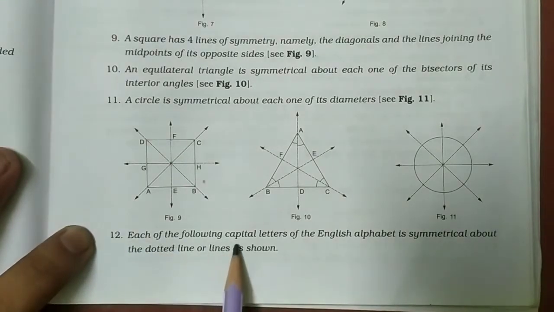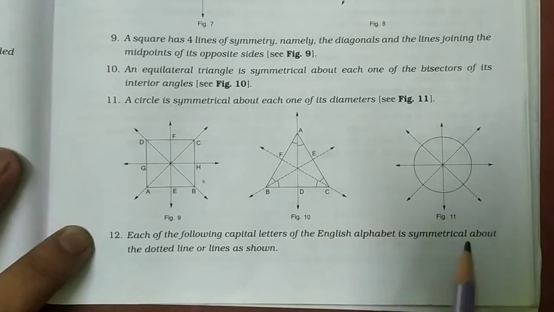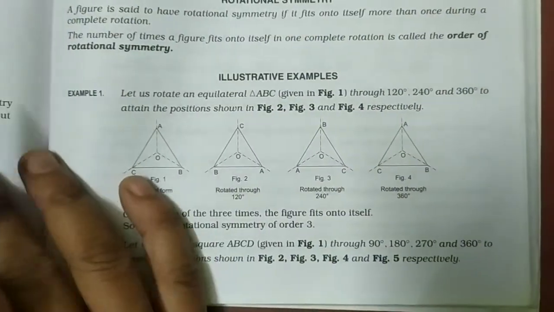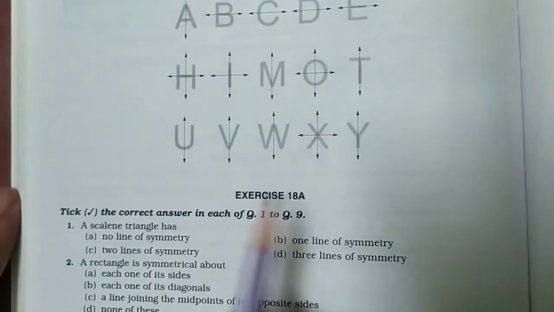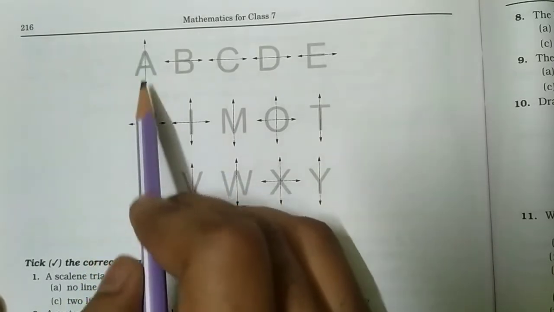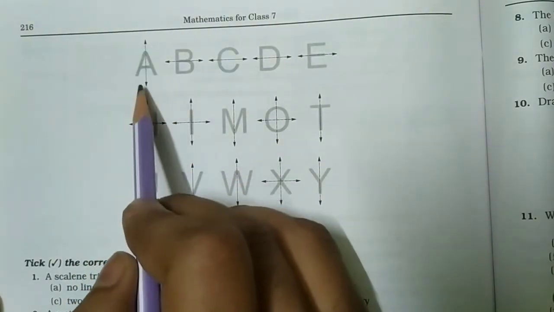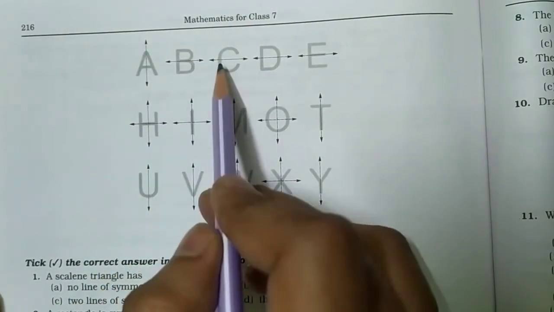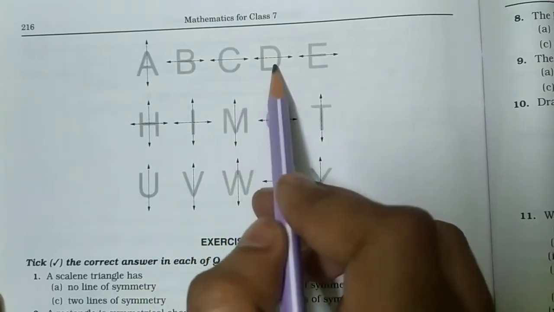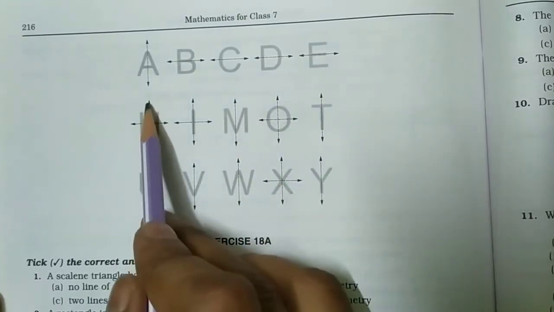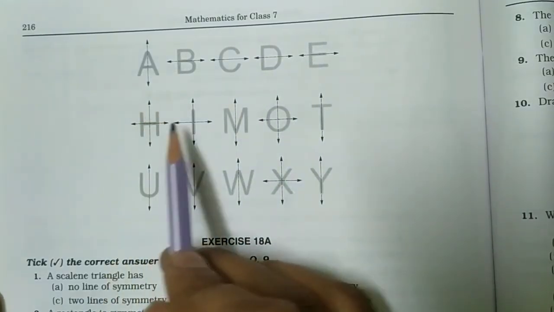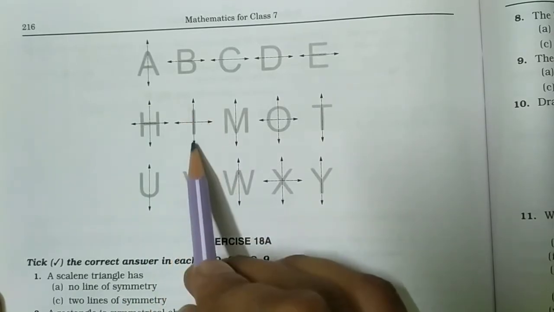Each of the following capital letters of the English alphabet is symmetrical about the dotted line shown. So see here. Letter A has one line of symmetry. B also has one line of symmetry. C, D, E, H have lines of symmetry, with H having two. I also has two lines of symmetry.